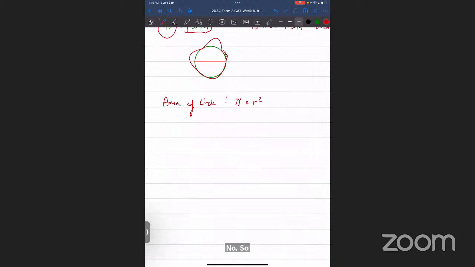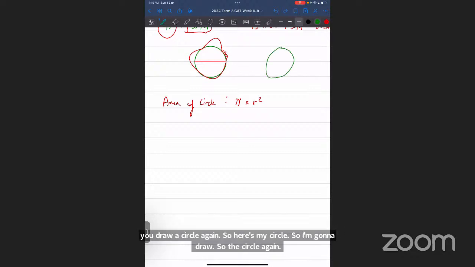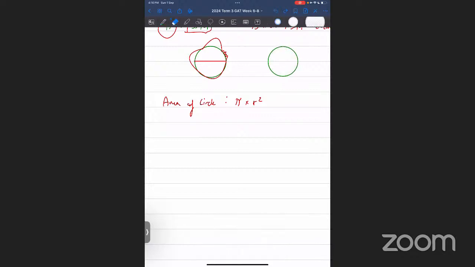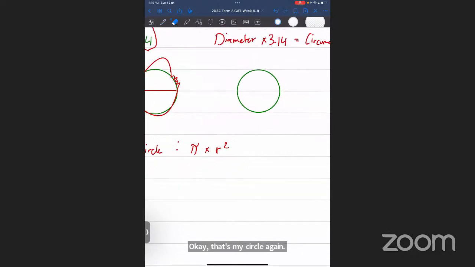Now, why does that make sense? Why does that work? So imagine you draw a circle again. So here's my circle. Oops, that's a bad circle. That's more of an oval. Okay, that's my circle again. And then what did I say the radius was? It's literally half of a circle, correct?